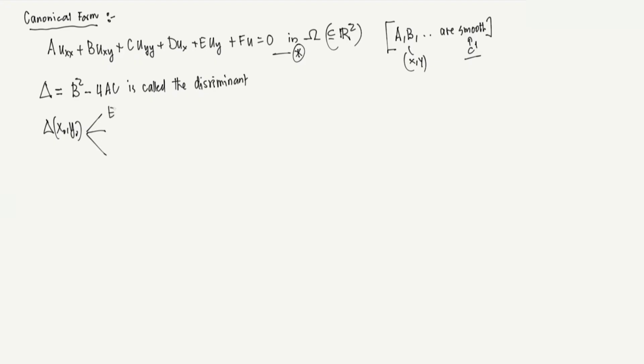The equation is parabolic at (x0, y0) if delta is 0, elliptic if delta is negative, and hyperbolic if delta is positive. Is it okay?